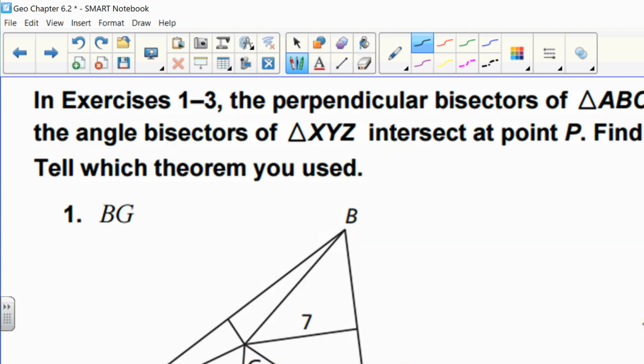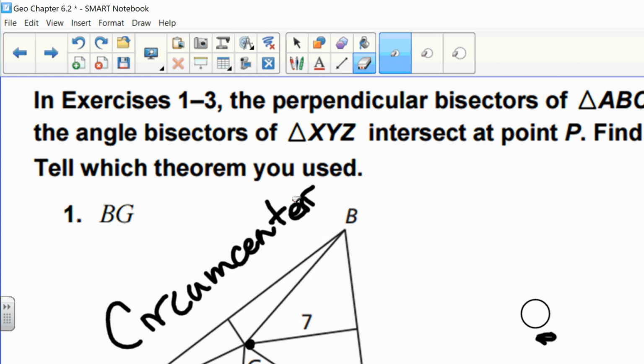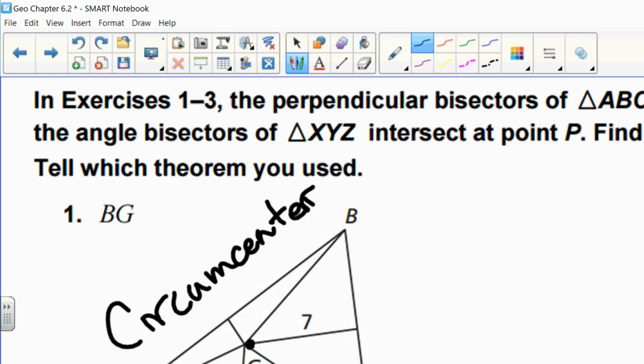So let's look at our first example of this here. Now, point G, this tells us here that point G is a circumcenter. So that means that the distance from this point to the angles are all going to be the same.